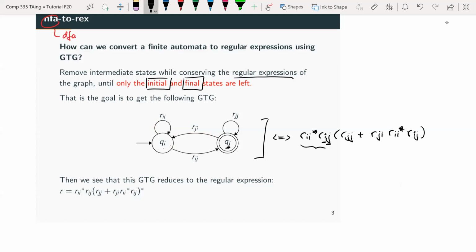Okay, and because I can do this a bunch of times, I'm going to put a star here. Notice you could have also put a star here, but this star does the same job as saying you can get Rjj a bunch of times.